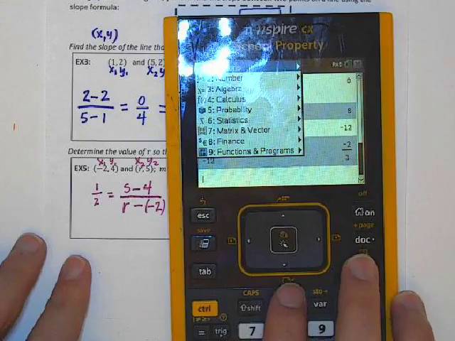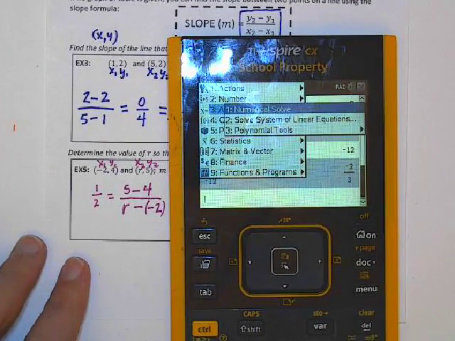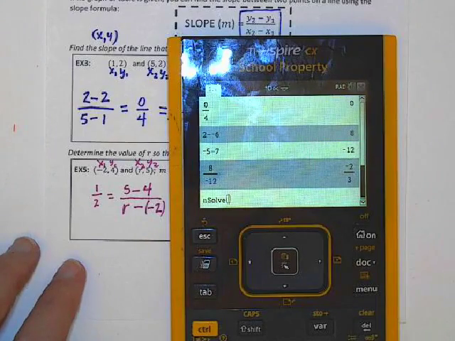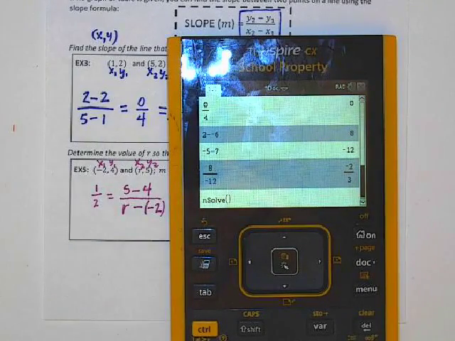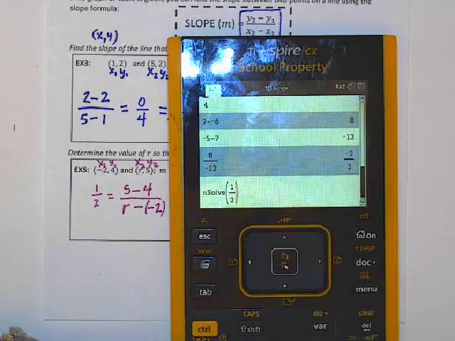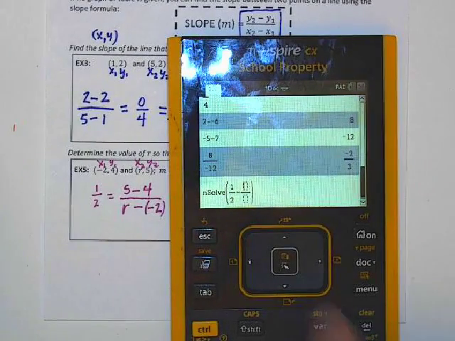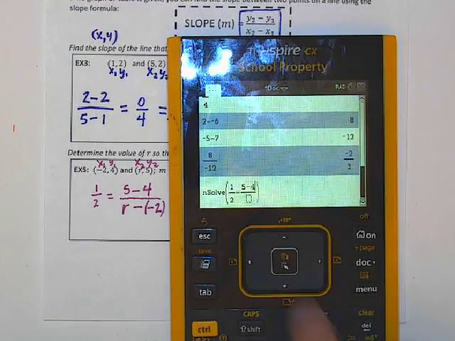Menu. Algebra. nSolve. Okay, now I've got a fraction. Does everybody know how to do a fraction? Yes. Control divide. 1/2. Enter. And then I need another fraction. Control divide. 5 minus 4 on the top.